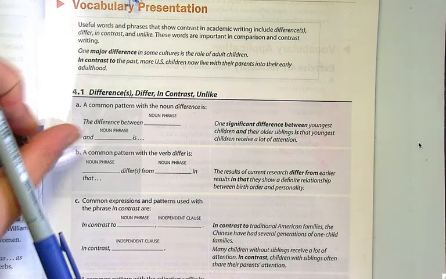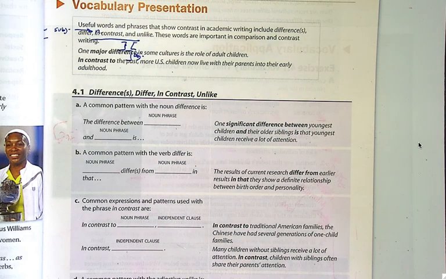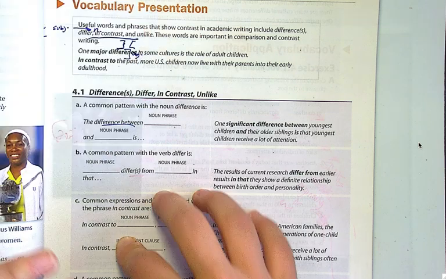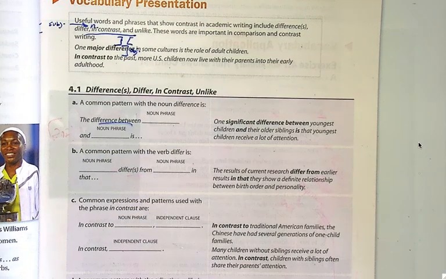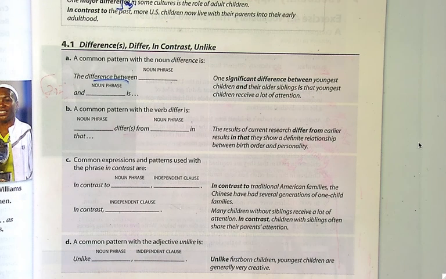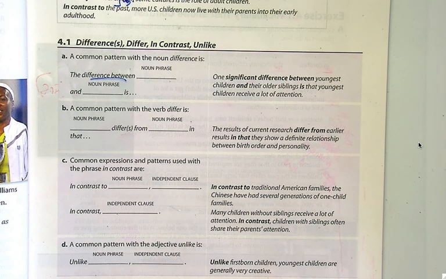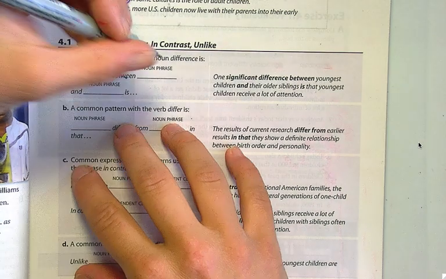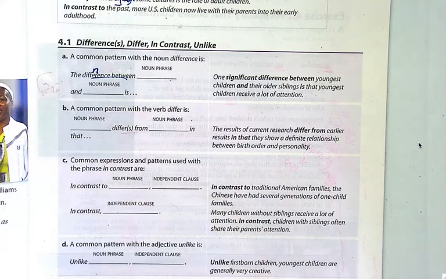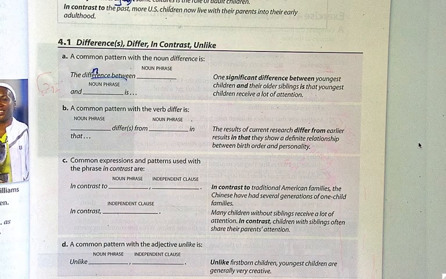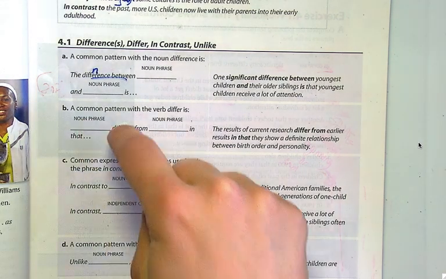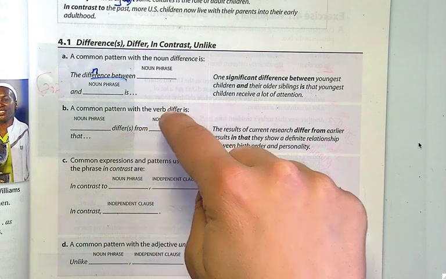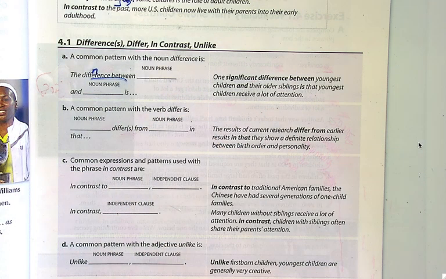I'm going to zoom in a little right here. If we look at a common pattern with the verb differ: noun differ or differs from noun in that. Let's take a look at the example.